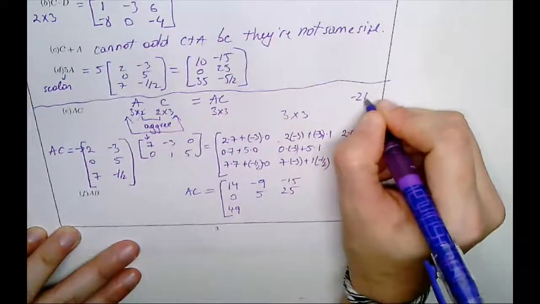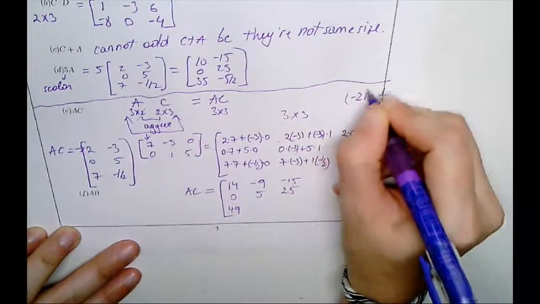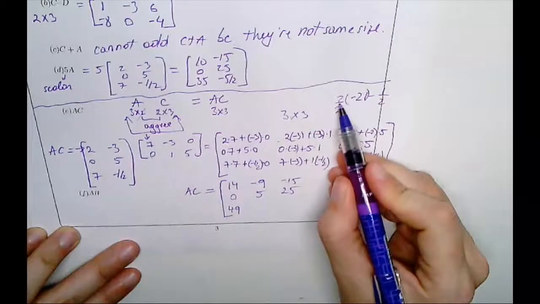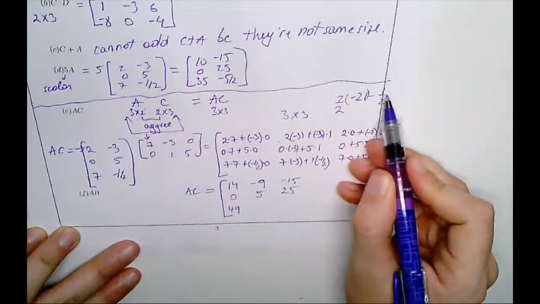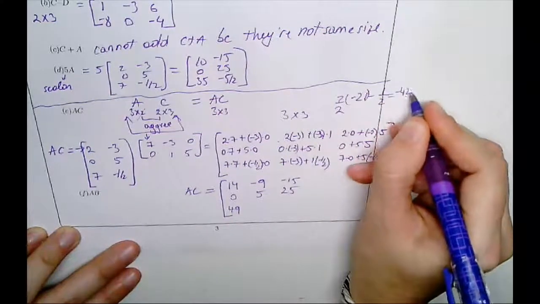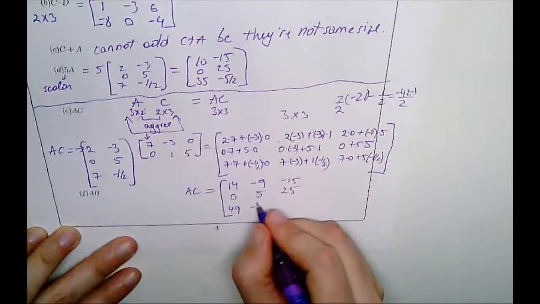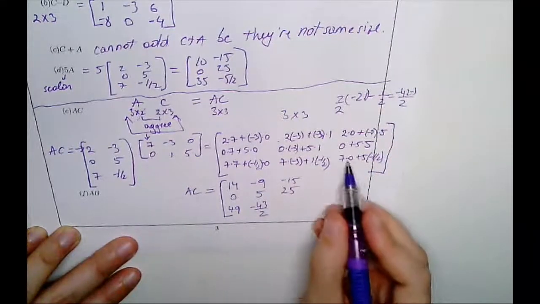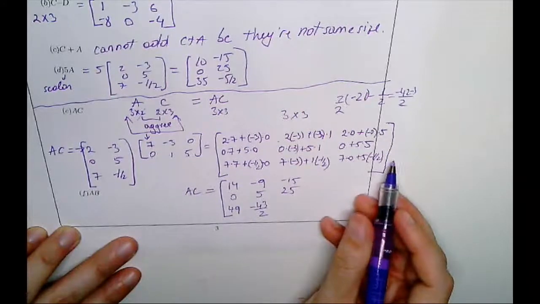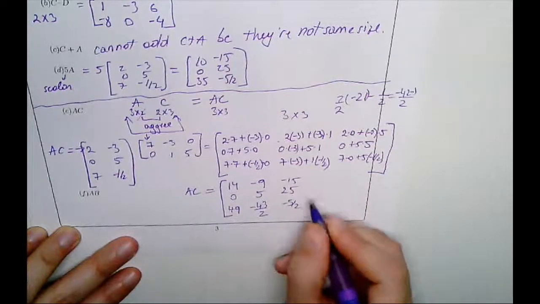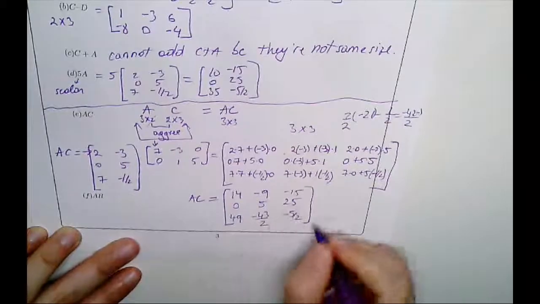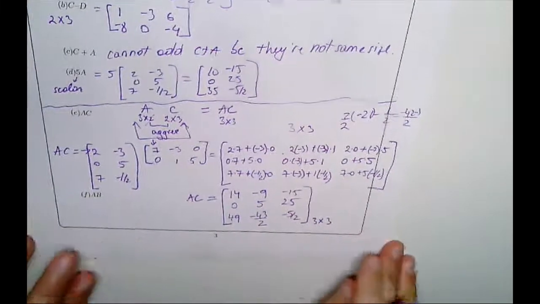So negative 21 minus 1/2, I multiply by 2 over 2. So it's going to be negative 42 minus 1 over 2. So it's going to be negative 43 over 2. And then 7 times 0 is 0, and 5 times negative 1/2 is negative 5/2. So this is the A times C, and it's a 3 by 3 matrix.